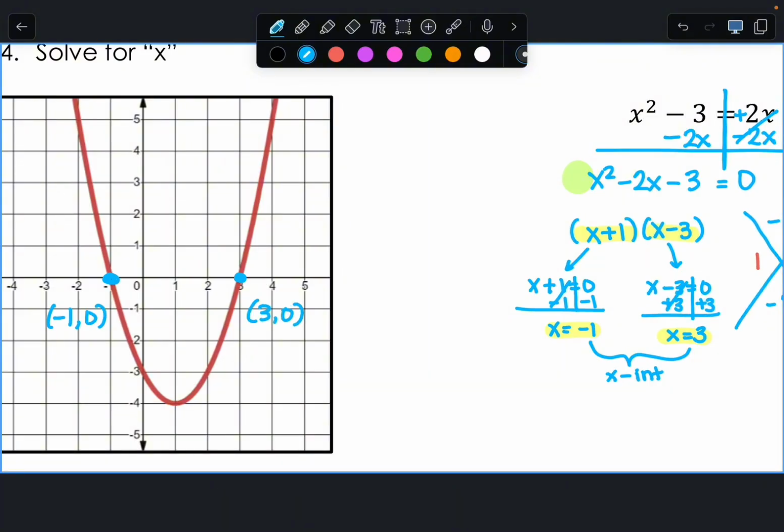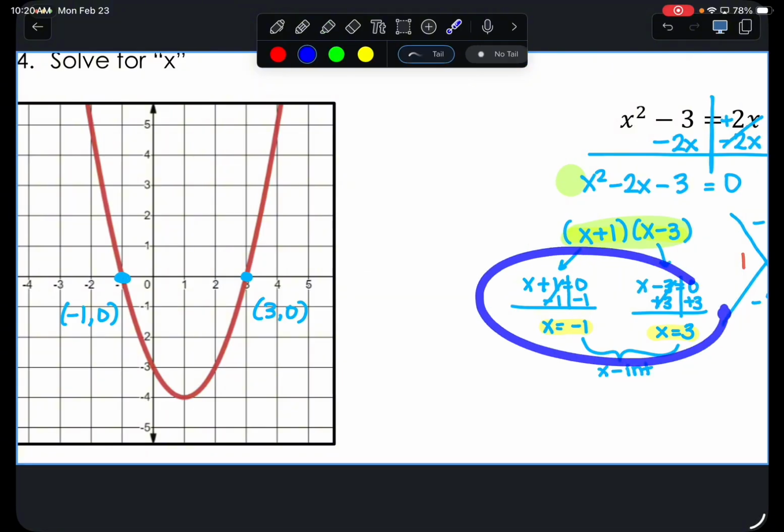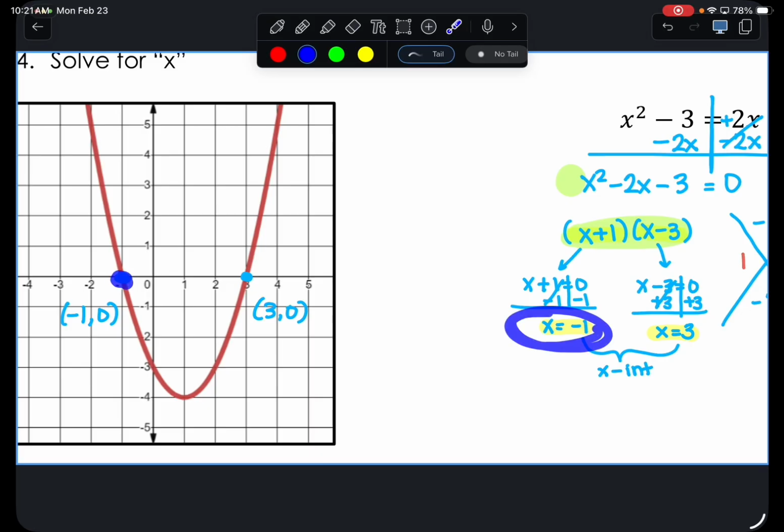Some students make the mistake of jumping the gun and saying, okay, well, my zeros are 1 and -3. They forget to create the equation and solve. If you don't create the equation and solve, you'll get the sign wrong. So that's why it's very important to take that additional step. But x equals -1, -1 x-intercept. X equals 3, 3 x-intercept. You're basically just looking for your x-intercepts, okay?